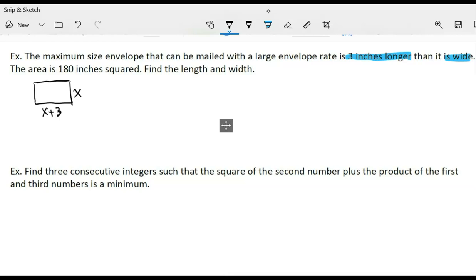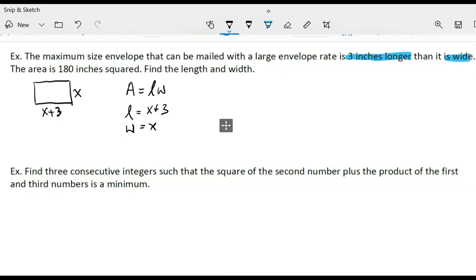And then we can say the area is length times width. The length is x plus 3. The width is x.